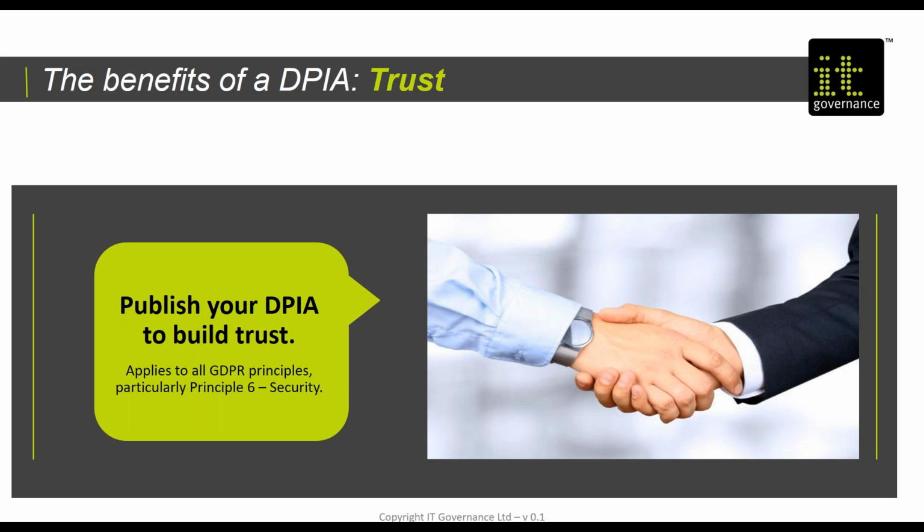It's particularly useful to be clear with data subjects what you're doing with their data in terms of securing their data. And by this, I don't mean publishing the sort of information that would enable a hacker to determine the best way of getting at the data, but telling data subjects the type of measures you put in place to protect data. So you might say, for instance, that your data is held in an encrypted database, and if we email it, it's sent only over email systems that are encrypted.